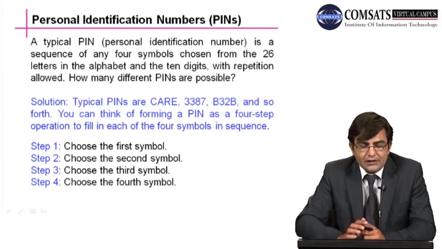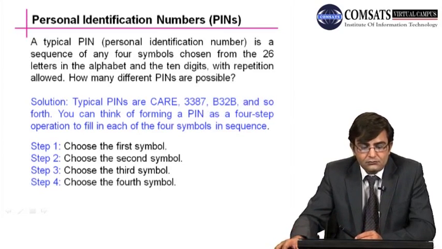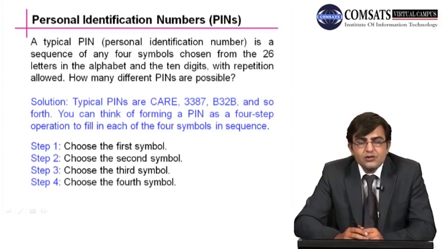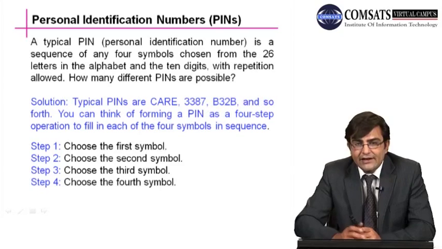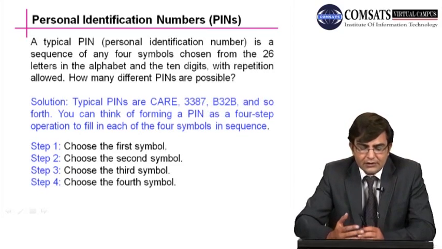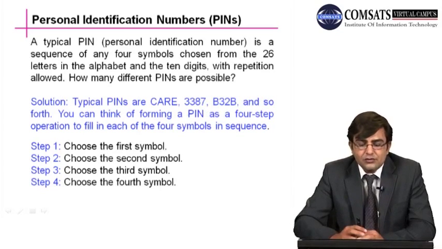Another application of this multiplication rule is if you want to choose a PIN, personal identification number, meaning the password of your email, password of your computer, password of any file or anything you want to choose.